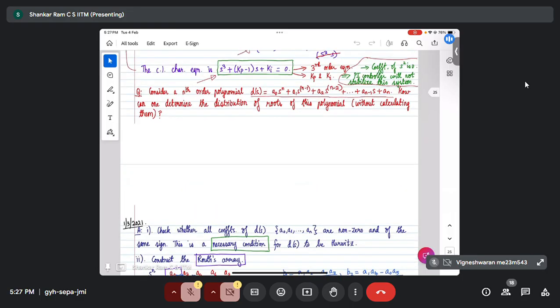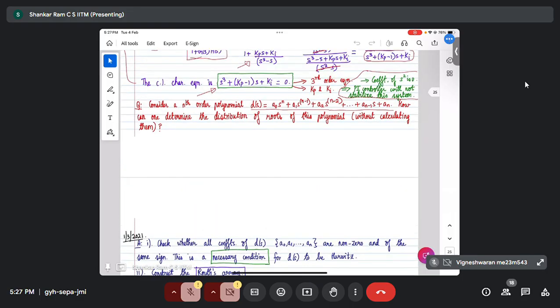So if we recollect, this is where we stopped in the previous week. We asked ourselves the question: what happens if we have a control design problem and we end up with a closed loop characteristic polynomial, and we need to figure out the controller parameters which would stabilize the closed loop system?